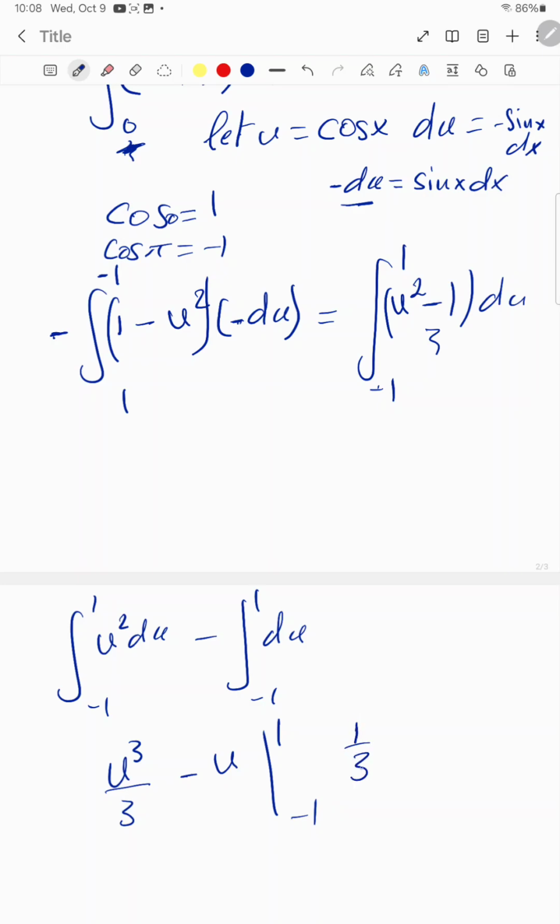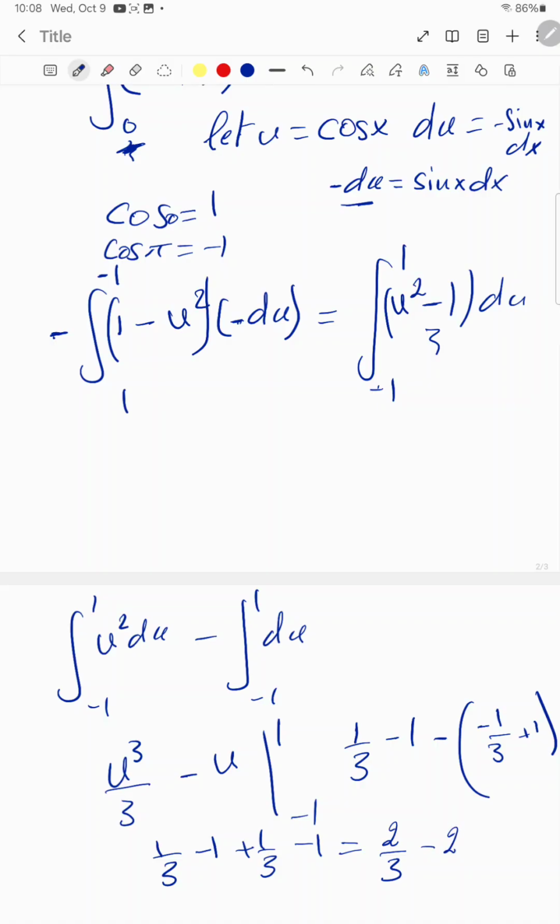So it becomes 1 over 3 minus 1, and then I put minus and I open my parentheses. Minus 1 to the power of 3 is minus 1, and minus 1 times minus is plus 1. So it becomes 1 to the power of 3 minus 1 plus 1 to the power of 3 minus 1. So all that is equal to 2 divided by 3, minus 2.